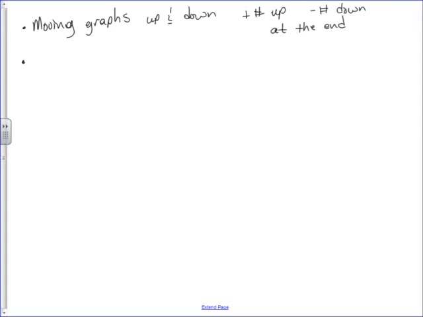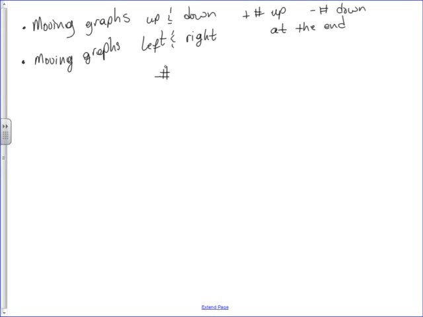Now, what about moving graphs left and right? This is done with a negative number directly affecting the x value. I'll show you an example of what I mean.